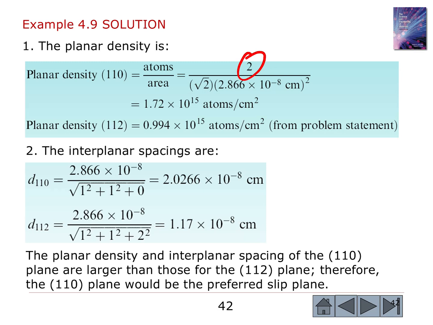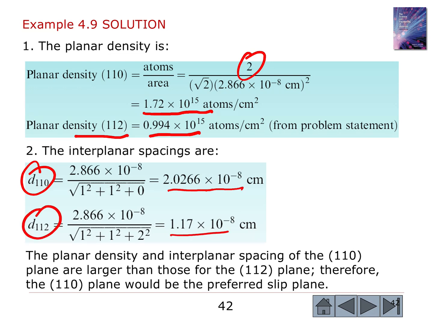So the planar density of 110 is 1.72 multiplied by 10 to the power 15 atoms per centimeter square, whereas the planar density of 112, given in the problem statement, is 0.994 multiplied by 10 to the power 15 atoms per square centimeter. The interplanar spacing for d110 is 2.266 multiplied by 10 to the power minus 8 centimeter.